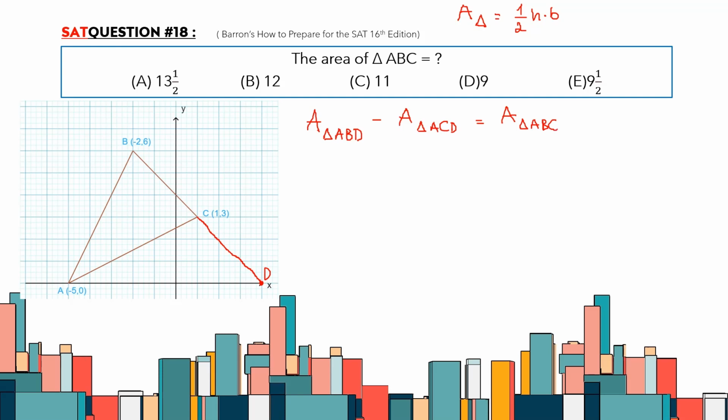ABD is a bigger triangle, right? And you can see it's a right triangle.